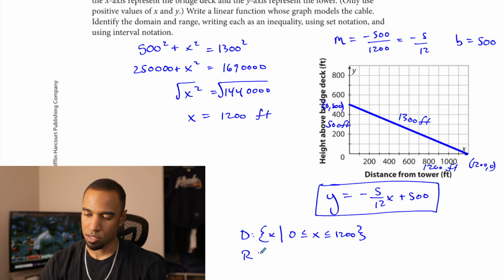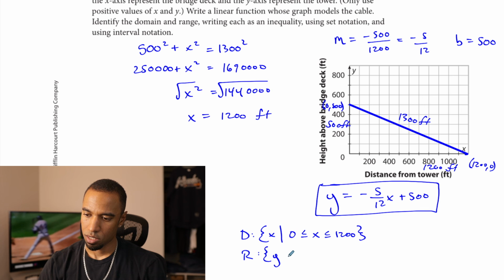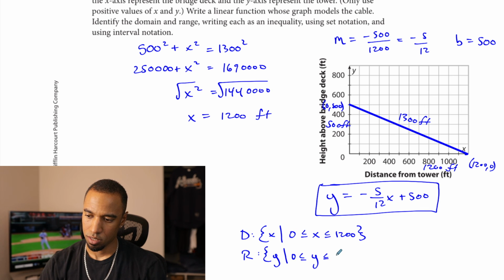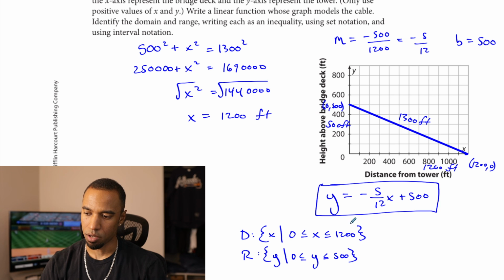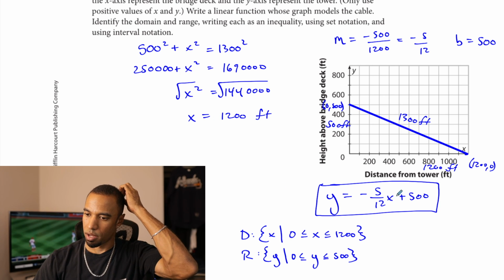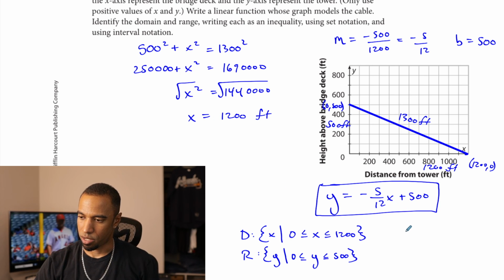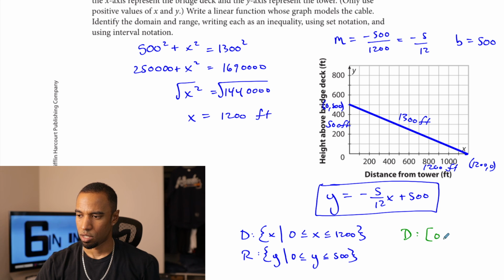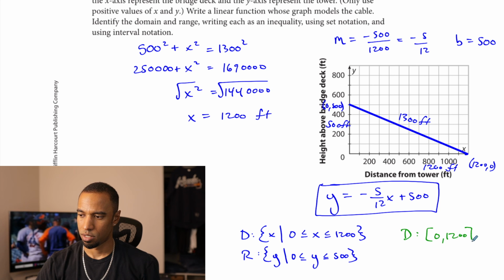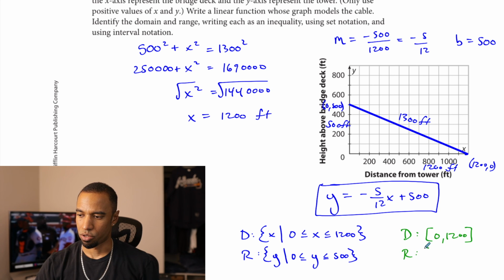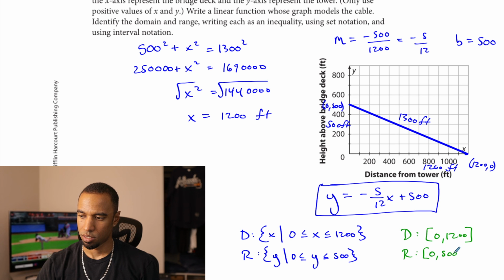And the range goes from 0 to 500. There you go. The domain and range in interval notation, sorry about that, goes from 0 to 1,200 and 0 to 500 respectively.